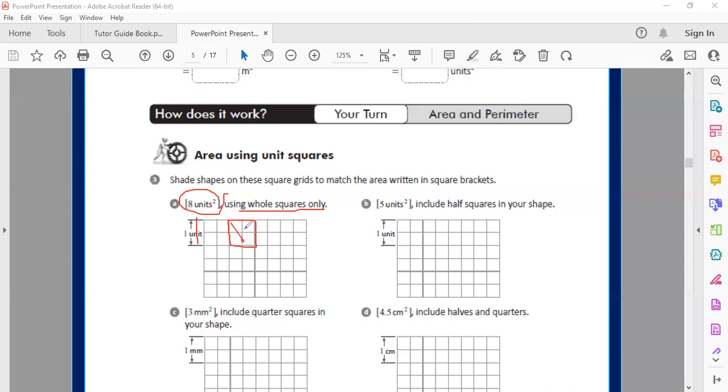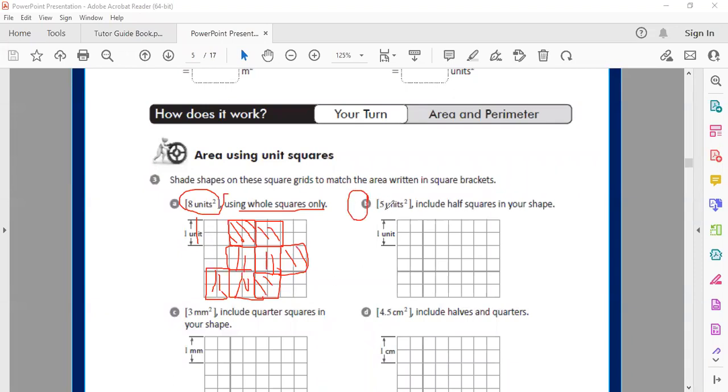So this whole thing is 1 unit squared. 2 unit squared, 3, 4, 5, 6, 7 and 8 unit squared. You can draw any kind of diagram as long as you have 8 of these squares. Do you understand?